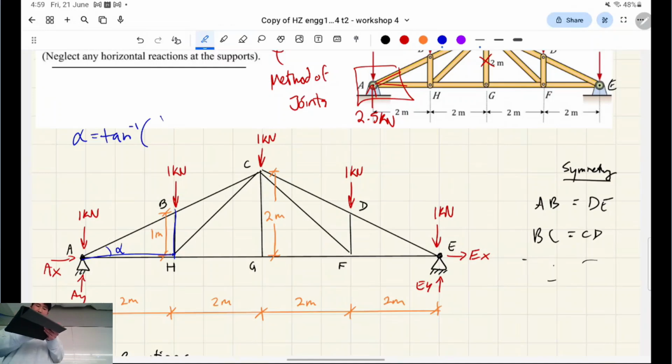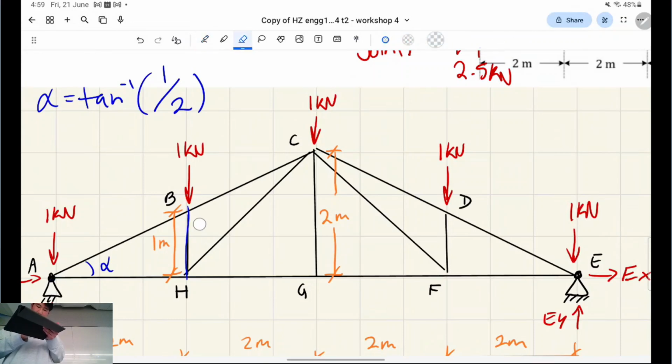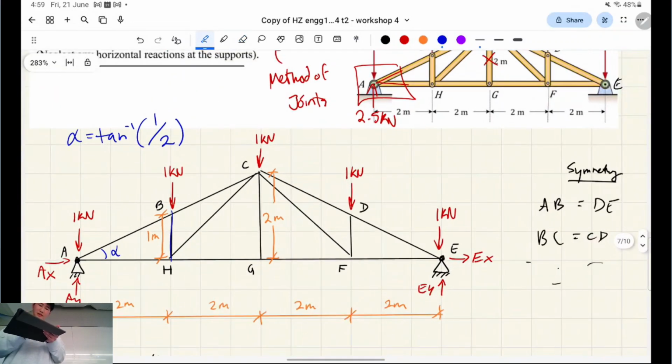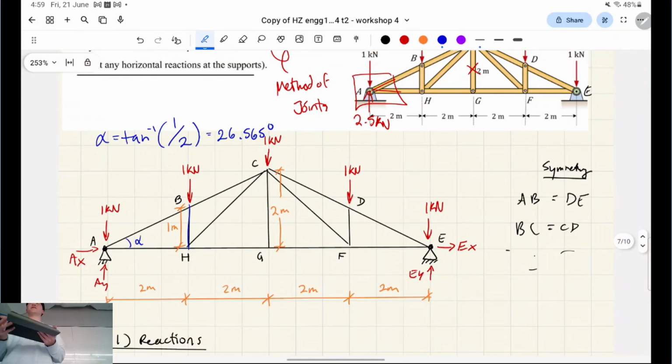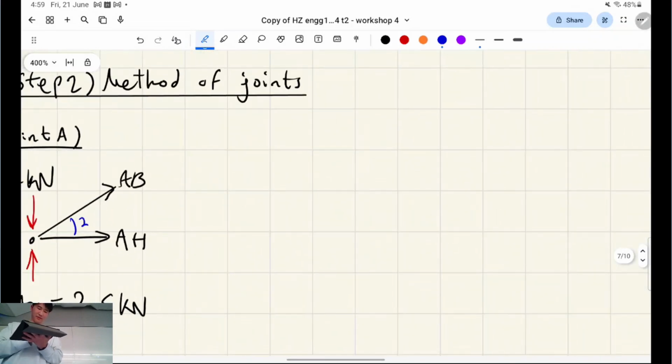The rise is 1 meter, and the run is 2 meters. If you punch that on your calculator, it'll give you 26.565 degrees, right? We're going to have to keep this number in mind for a lot of the steps moving forward.